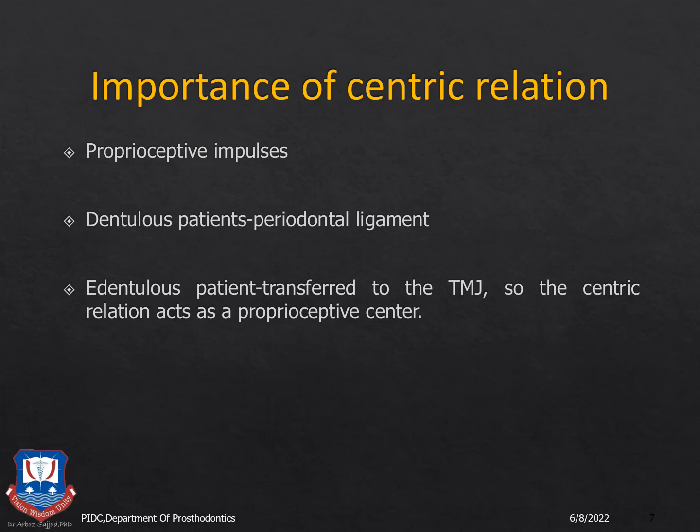However, in the edentulous patient, there are no periodontal ligaments, so there is no proprioception, mechanoreception, etc. In an edentulous patient, these sensors are transferred to the temporomandibular joint. So the TMJ in the case of edentulous patients acts as a proprioceptive center, guiding the operator and the patient to close in the ideal maxillomandibular relationship.